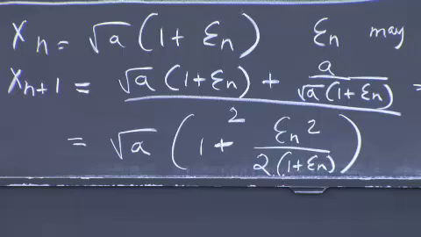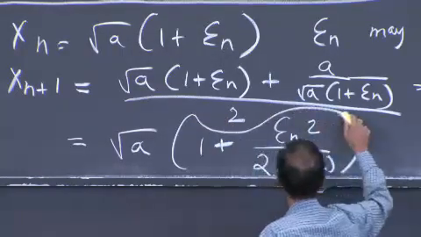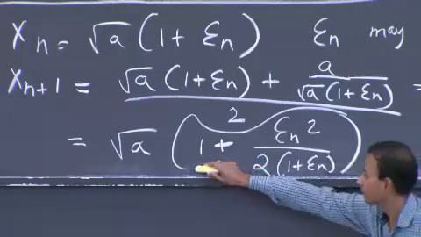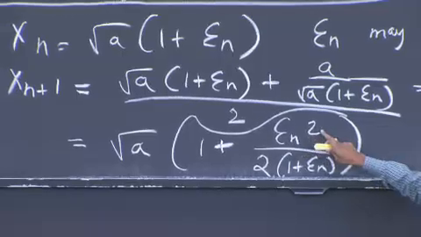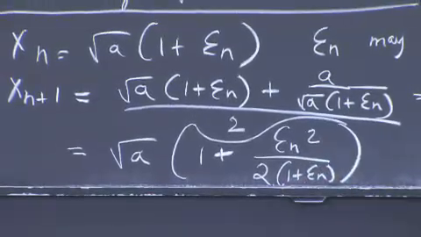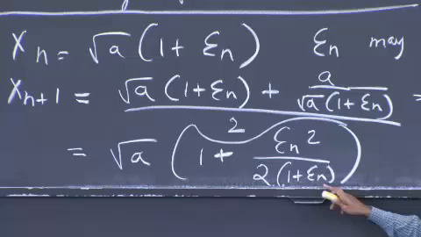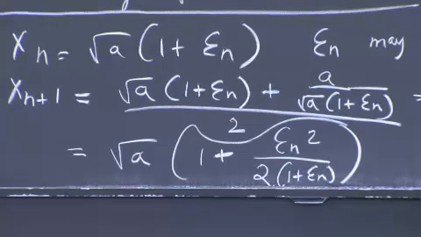Which is xn plus 1 is square root of a times 1 plus epsilon n squared divided by 2 times 1 plus epsilon n down at the bottom. Okay?